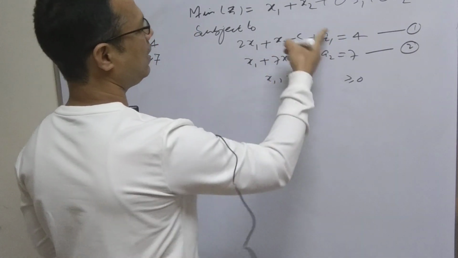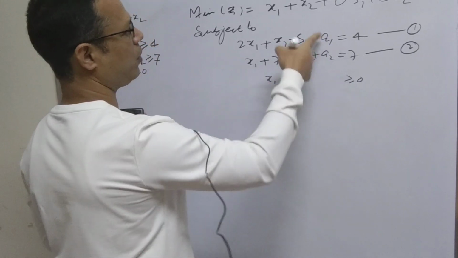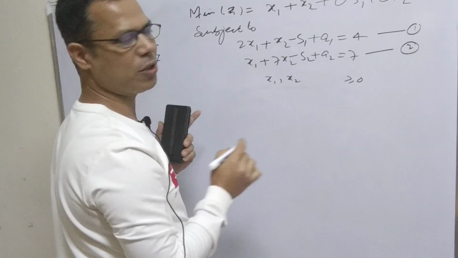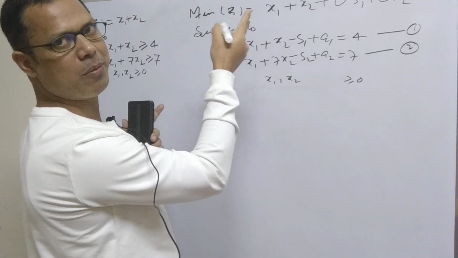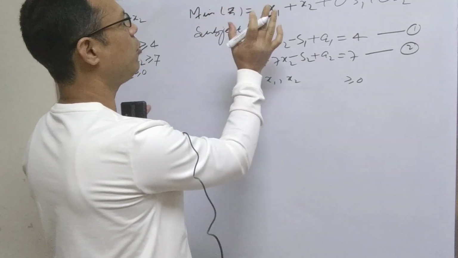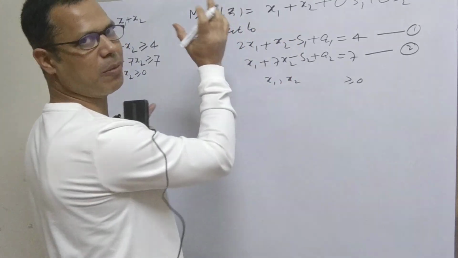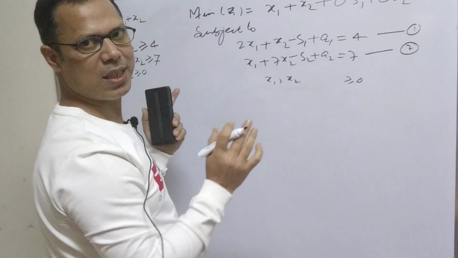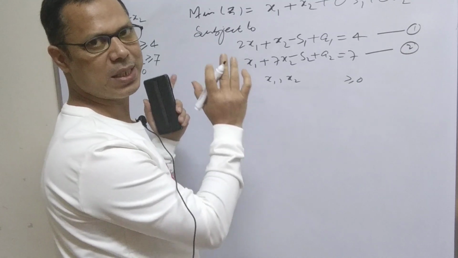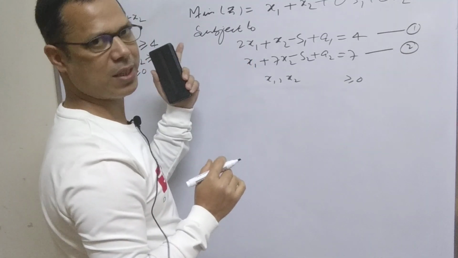Now what are this a1 and a2? If we are going to introduce new variables a1 and a2, it means these variables may make changes to the objective function. No, because there is a condition, none of the variables are going to make changes to the objective function, because that is our result.